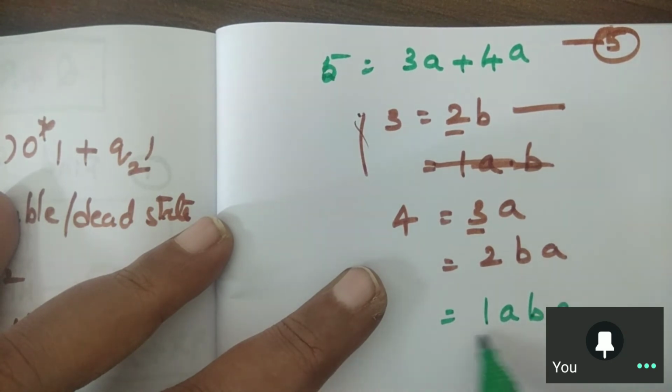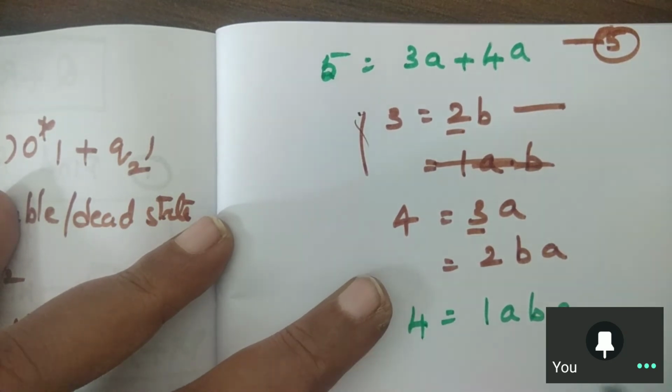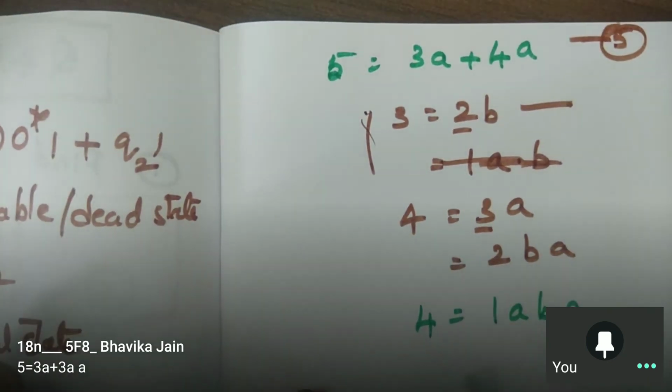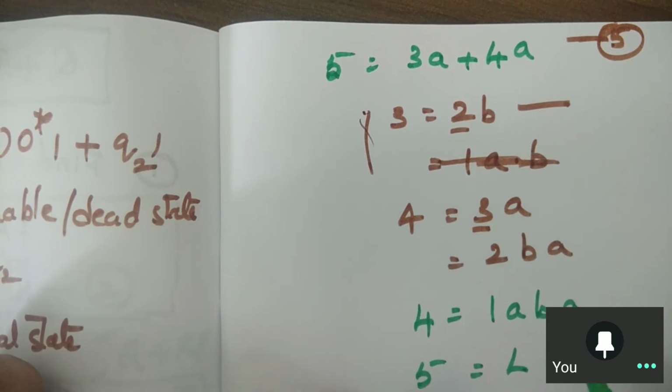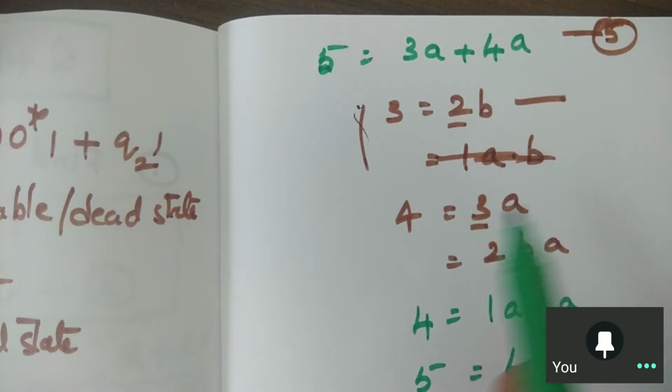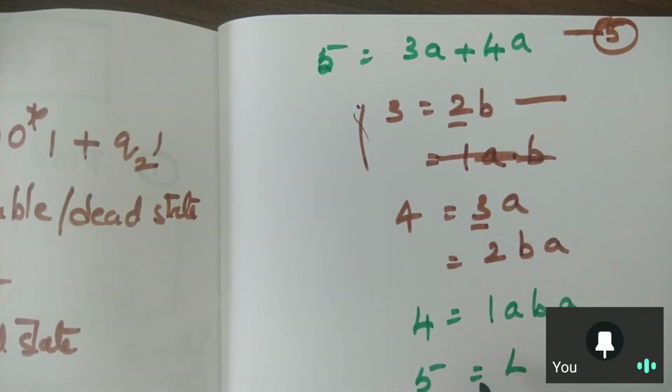So again we are with 1. Okay, so 4 is written like this. 5 can be written as 4a. So again I need to solve for 4 now.